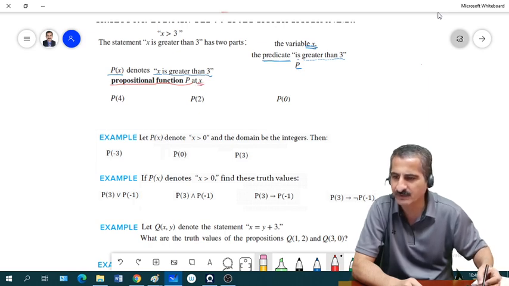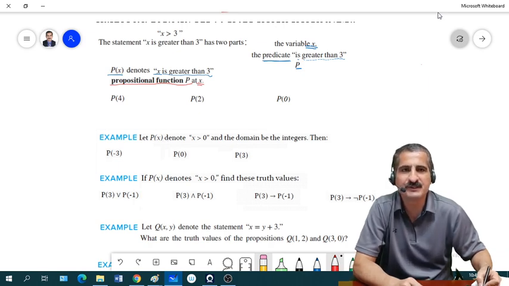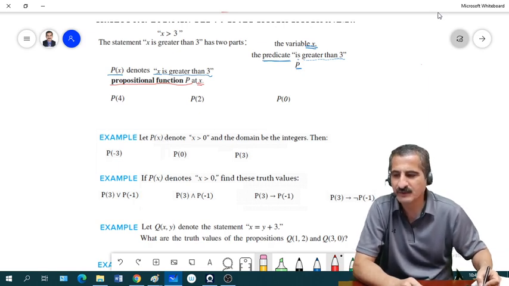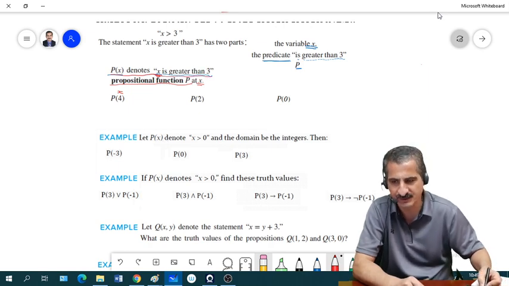Let's see how that goes. P of 4 means 4 is greater than 3. What we do here is substitute 4 in place of x in this whole statement, so P of 4 becomes 4 is greater than 3. Is that true or false? It is true.